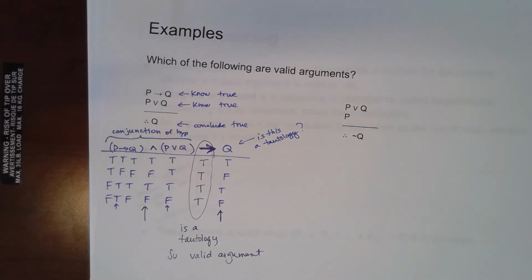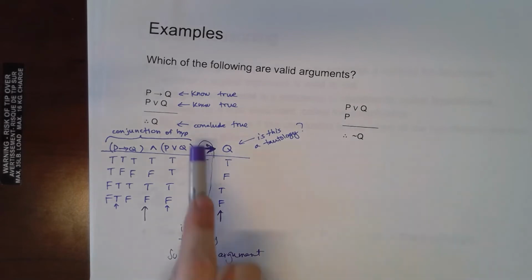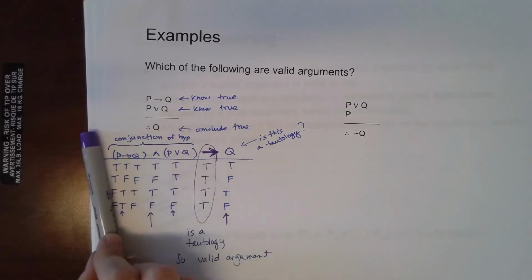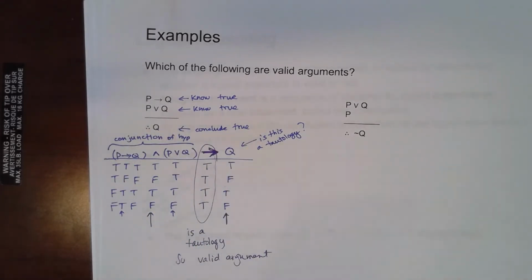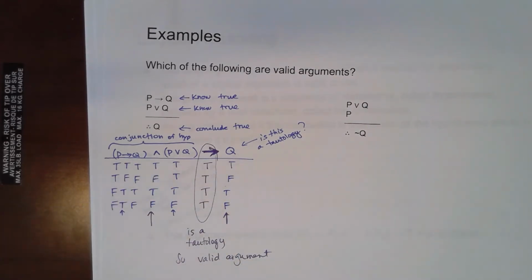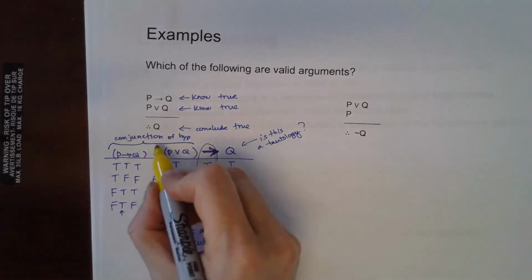So one of the other things that you can do if you don't want to go all the way to looking at the implication is you can just look at the conjunction of all the hypotheses, and you can look at the conclusion, and you know as long as when the hypothesis is true, the conclusion is true. Okay, well here's my hypothesis.